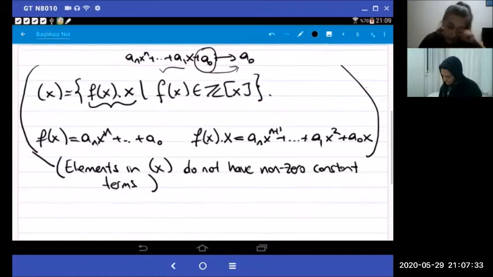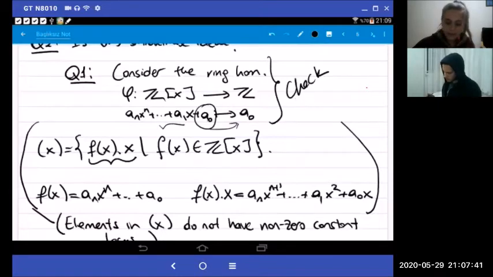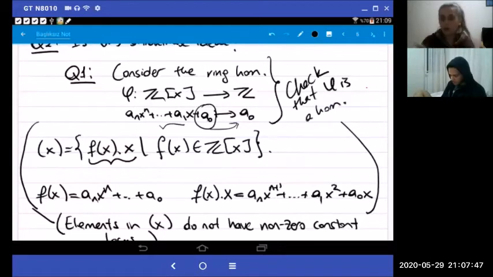Let me leave this as an exercise: check that phi is a homomorphism, that is, show that this function preserves the addition and the multiplication inside the rings.